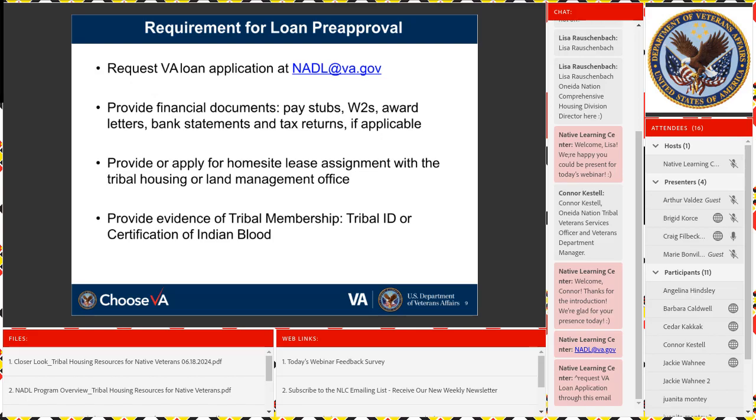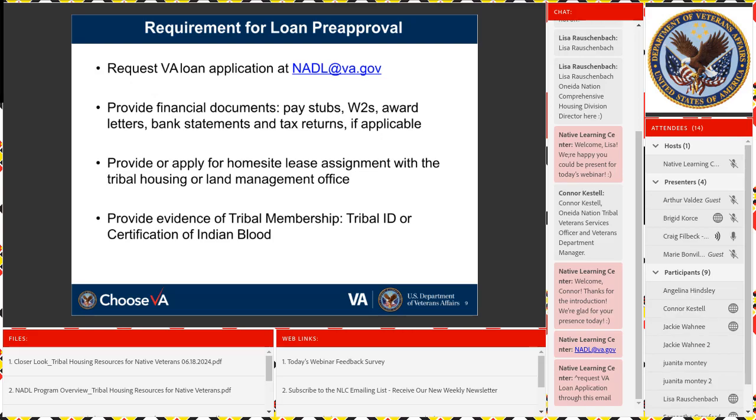When it comes to income, we're looking for stable and reliable income that's going to continue, so we know that our veterans can afford the payments. Also, when getting pre-approved for the loan, we're going to ask for a copy of the home site lease agreement, and Art kind of touched on that.